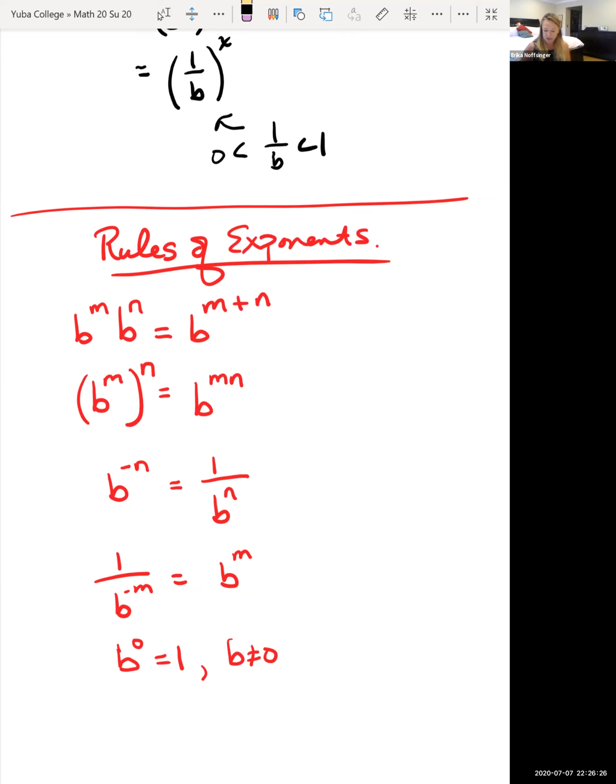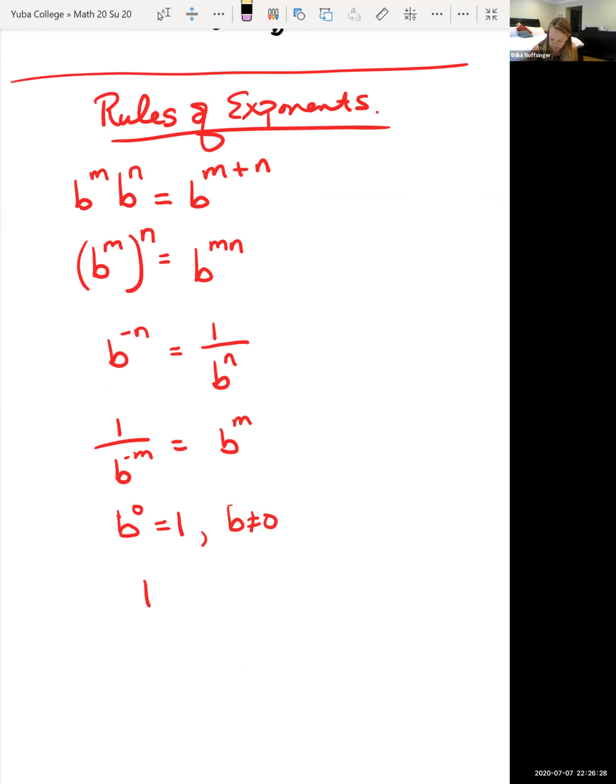Division, if you have division, same base. If m is bigger than or equal to n, I usually take the exponent on top minus the exponent on bottom.